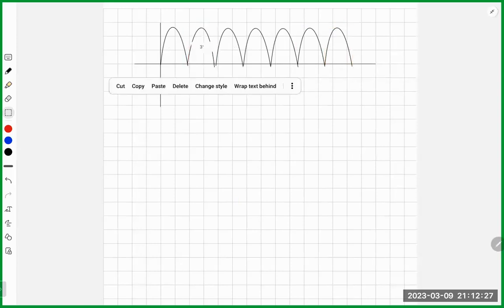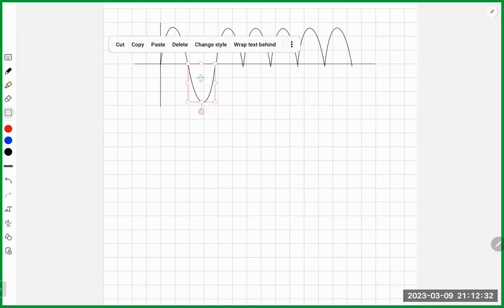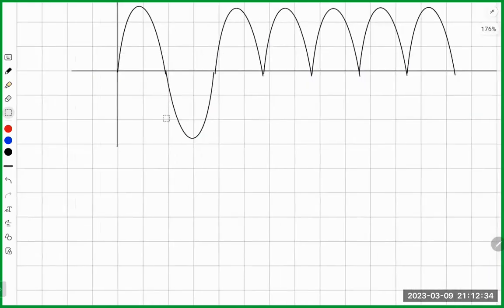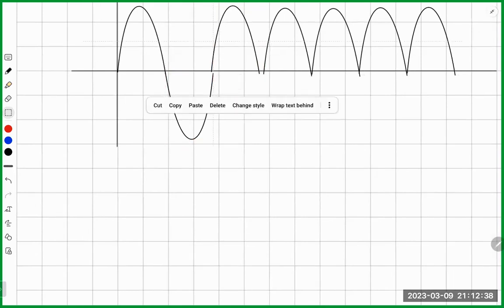So this is primary coil, and in primary coil the variation of EMF is like this.